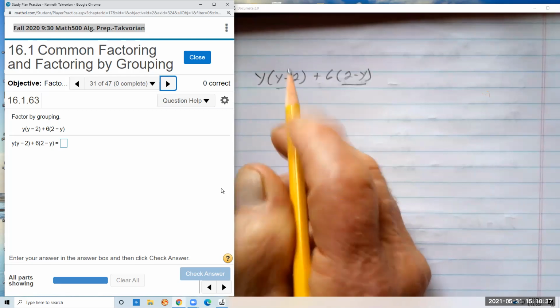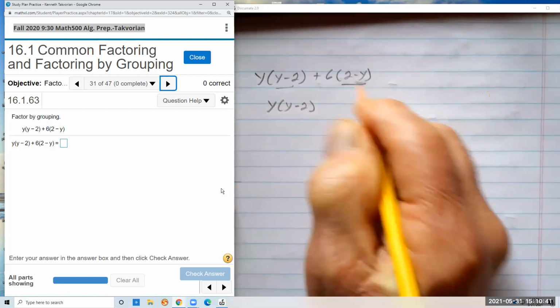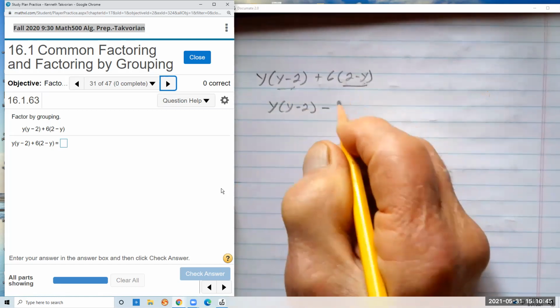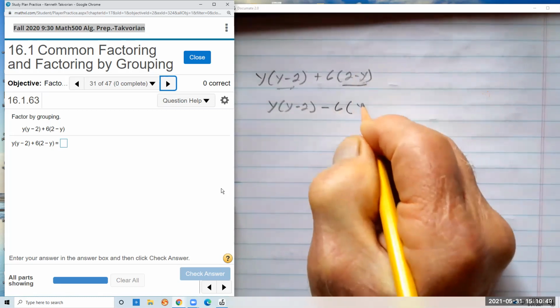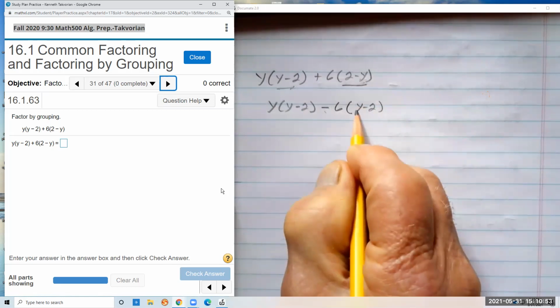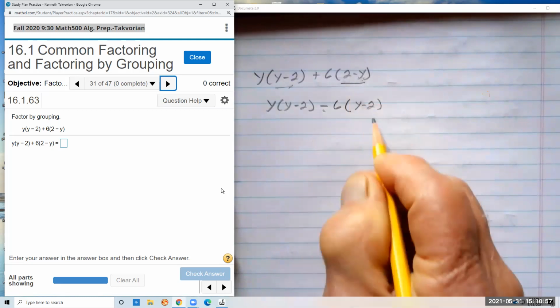So with that in mind, let's rewrite this as y times y minus 2. Because these two binomials are opposite, put a minus sign, minus 6 parentheses, and then this becomes y minus 2. Double check: minus the y becomes minus y, minus the minus 2 becomes plus 2.